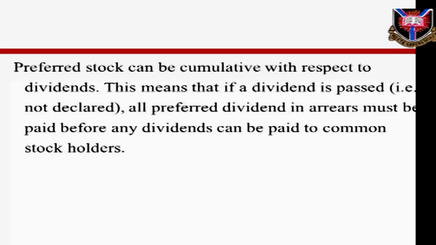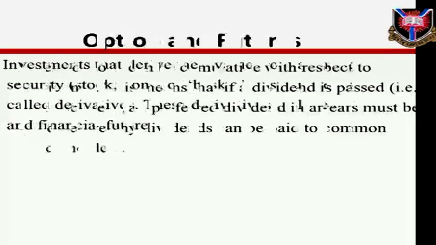At times, preferred stock can be participatory. This means that it can sometimes receive a double dividend: the stated dividend plus an extra dividend bonus after the common stockholders have received dividend. As in the case of common stock, preferred stock has no maturity date.